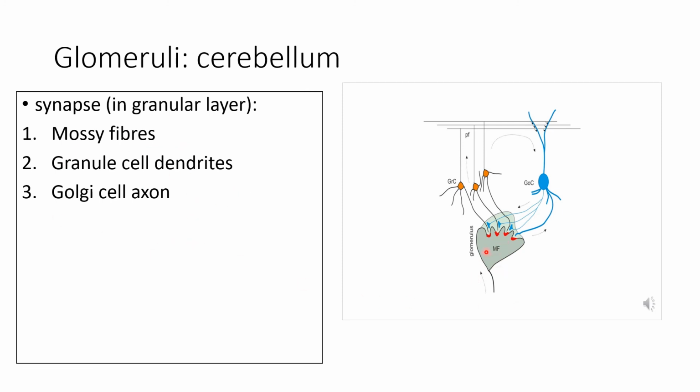This is a mossy fiber which has ended in a number of dilatations. This is called the rosette formation, and this is the Golgi cell axon and the granule cell dendrites. They together form the glomerulus.